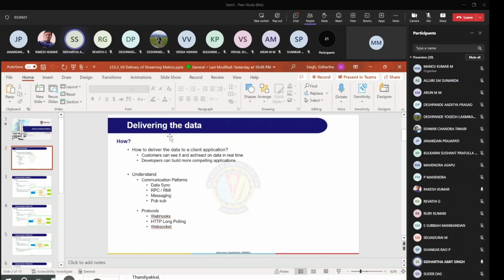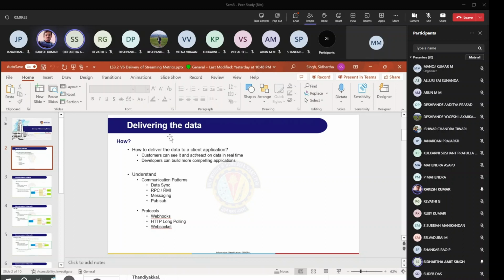Webhook is an auto trigger, where the server makes the call: you register your function on the server side, and based on updates, they make the call. HTTP long polling is from the client side, where you keep polling the server multiple times for updates.